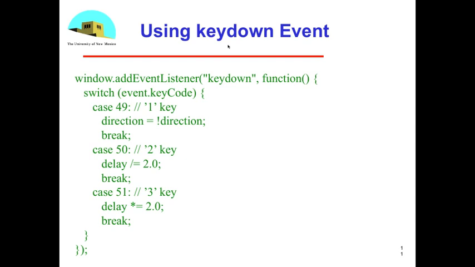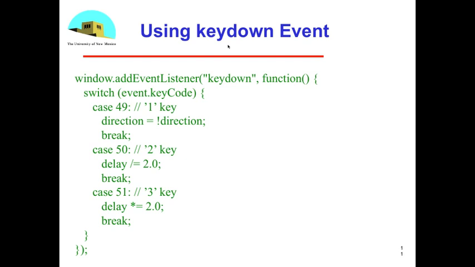Now, here's a sort of a basic way to do it. I'll give you another way in a second, which says, well, if you know the Unicode, now each key has a code. It used to be ASCII code that was expanded eventually to Unicode, so it can encompass more languages within it. And old ASCII, if you're familiar with ASCII, is embedded within it and has the same numbering.